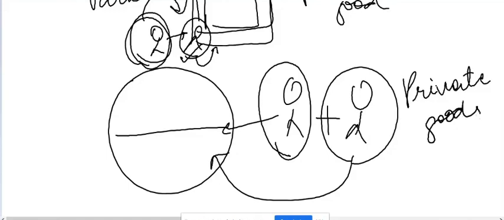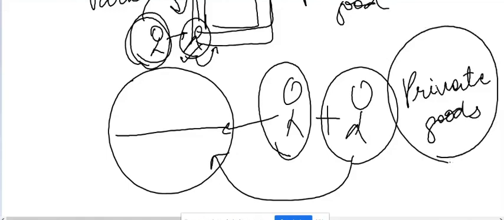We'll go into more details very soon of what the difference between public and private good is. But one of the major differences is that in the case of a public good, the consumption of the good by one individual does not reduce the consumption by other individuals.